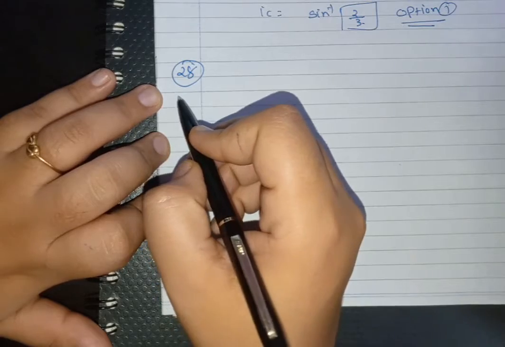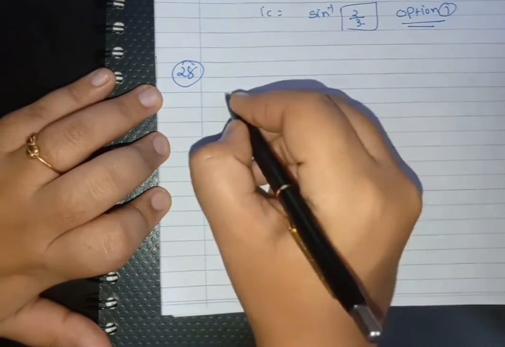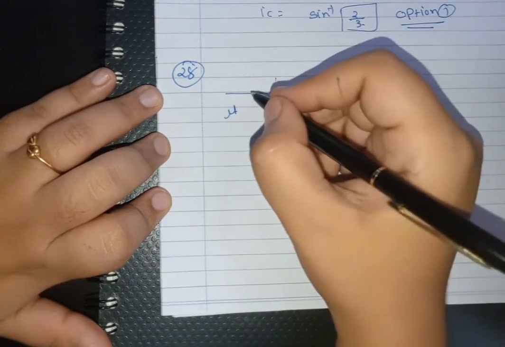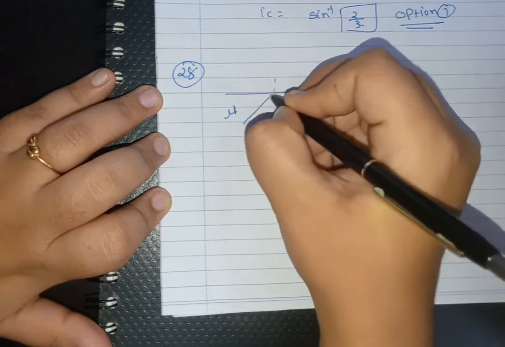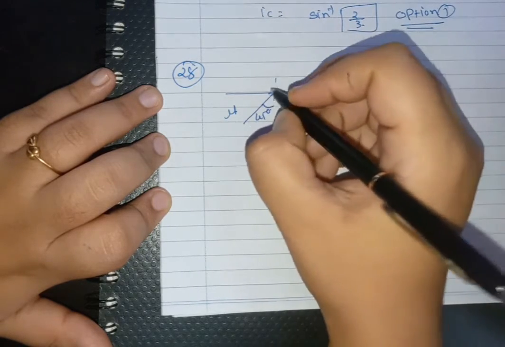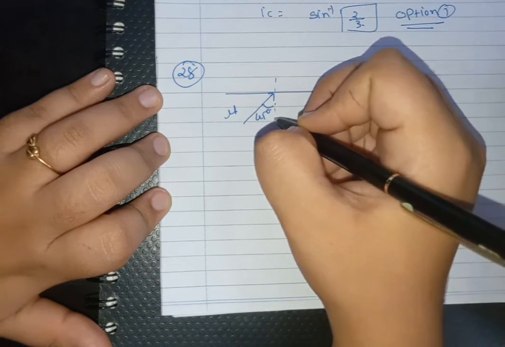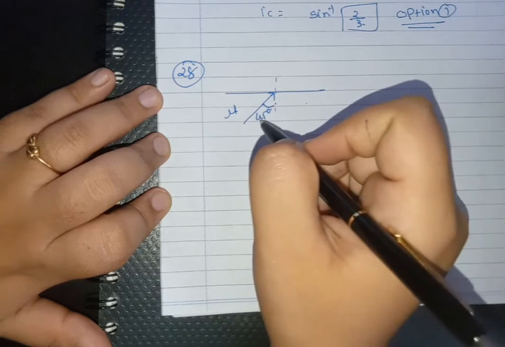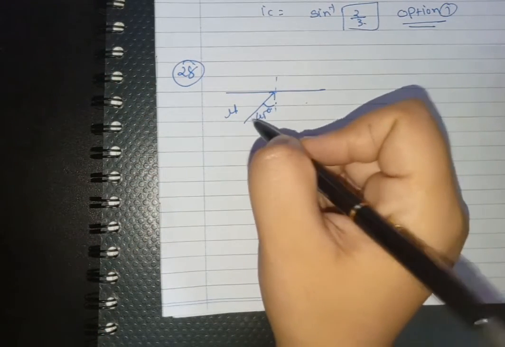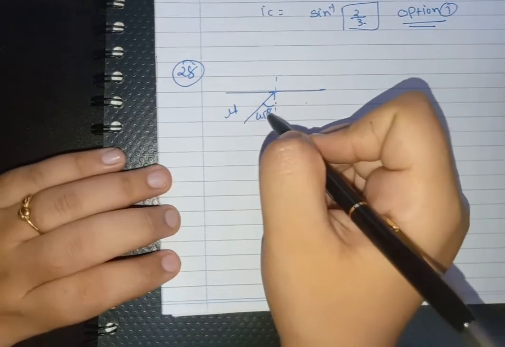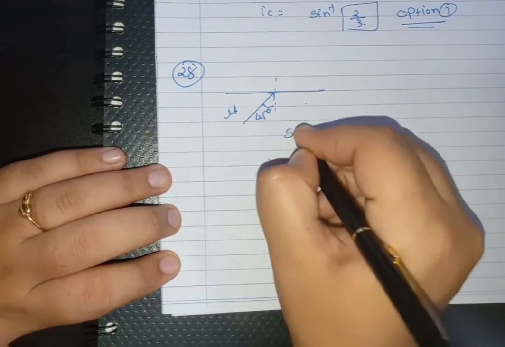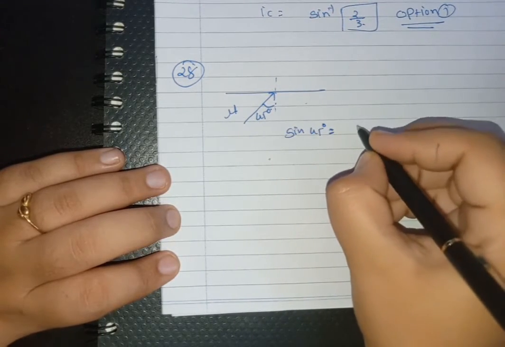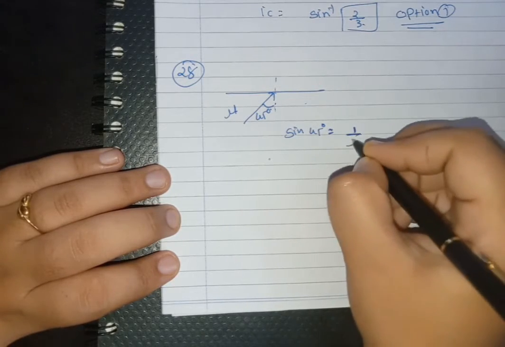In question number 28, a ray of light traveling in a transparent medium, let's say of refractive index mu, is incident at angle of incidence 45 degree. The ray undergoes the total internal reflection. Mu is the refractive index of medium with respect to air. We want to find the possible values of mu. If 45 degree is the critical angle, then sin 45 degree will be equal to 1 by mu.